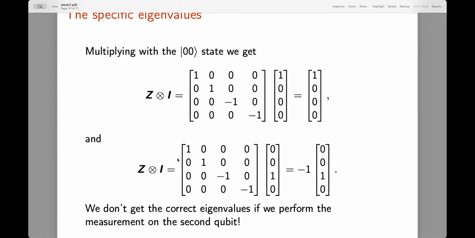If I act on this state, which is the 1, 0 state, so let's just do that on the whiteboard here, because that's a little bit easier to see. What we will see then is the following. So let's just do that.